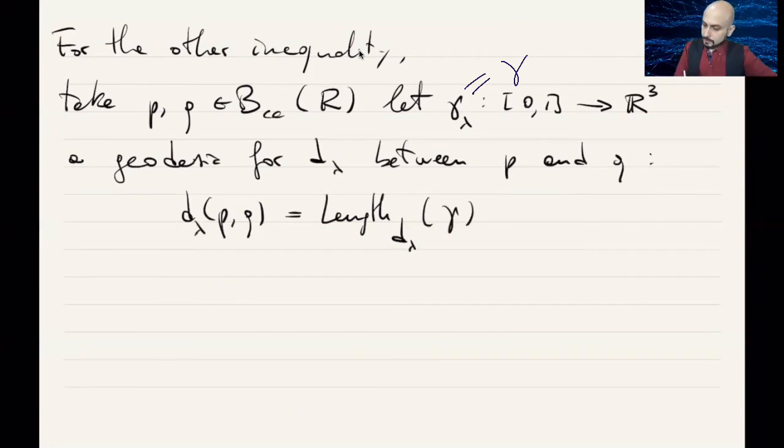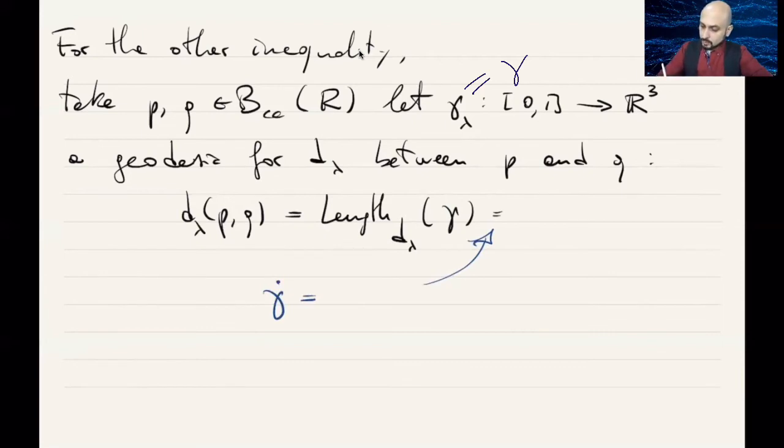Since it is a Riemannian distance, gamma has to be a curve, and gamma dot is a curve as well.